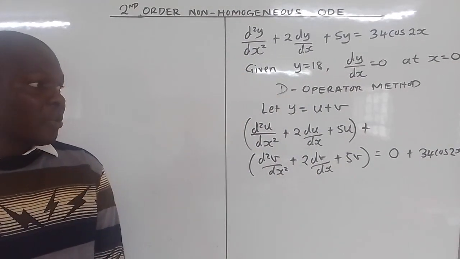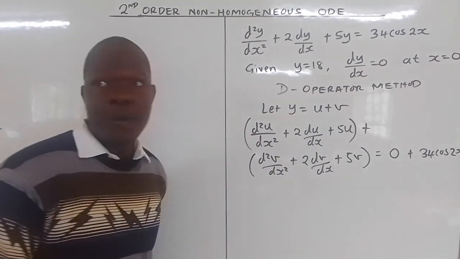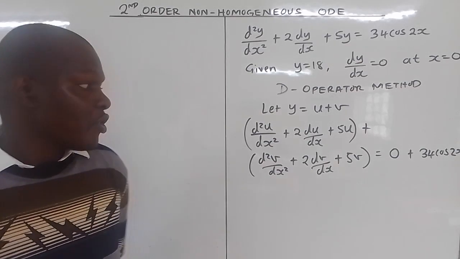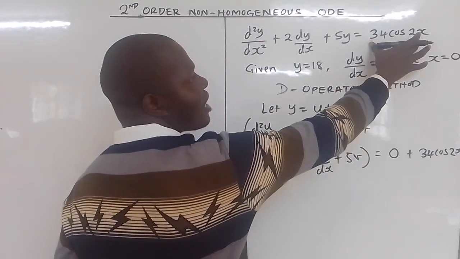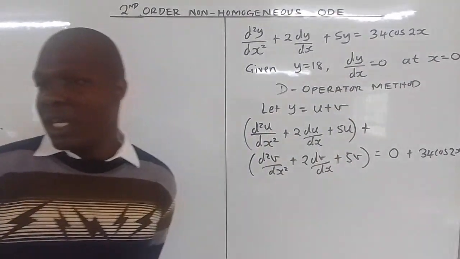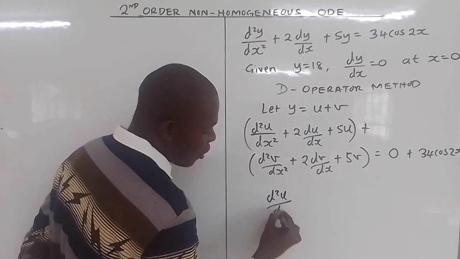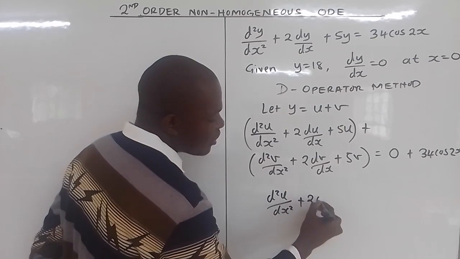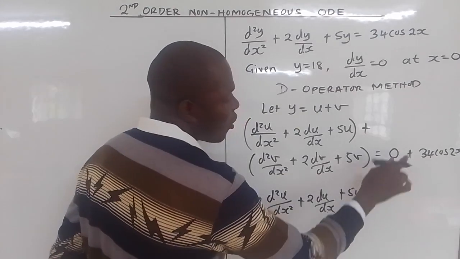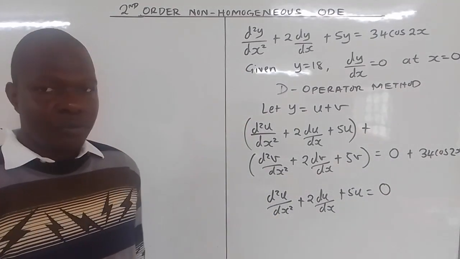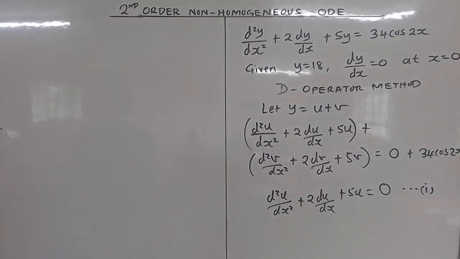Now the first part of the equation, you equate to 0 to form the homogeneous ordinary differential equation. The second equation you compare with the function which was given, 34 cos 2x. So the first equation is d squared u over dx squared plus 2 du over dx plus 5u equals 0, and that forms equation 1.